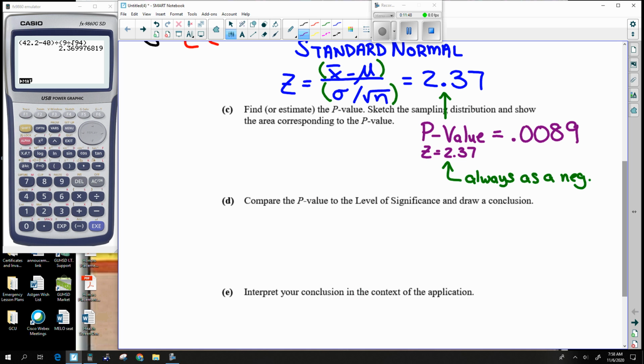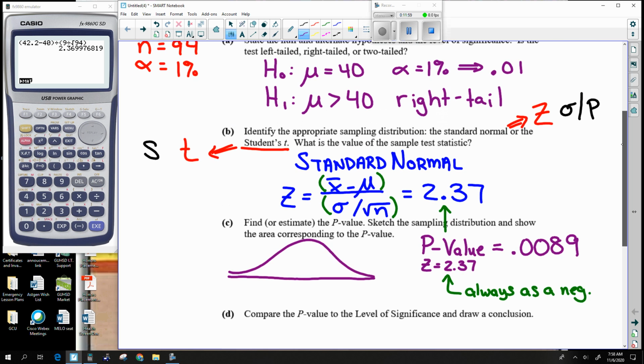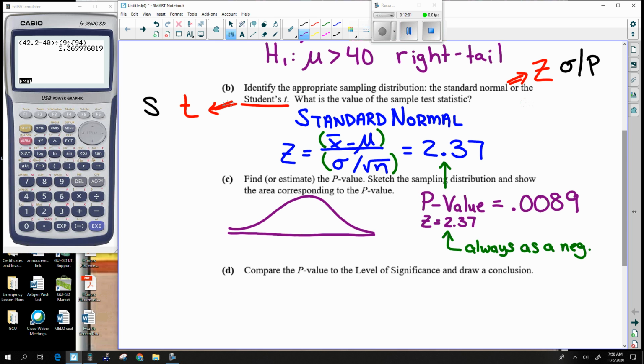Now this sketch. So what we're going to do is we're going to sketch a distribution. Okay. And now there's several different things that we're going to be putting on here. First and foremost, that this is a right tail. So I create what I call the rejection zone.